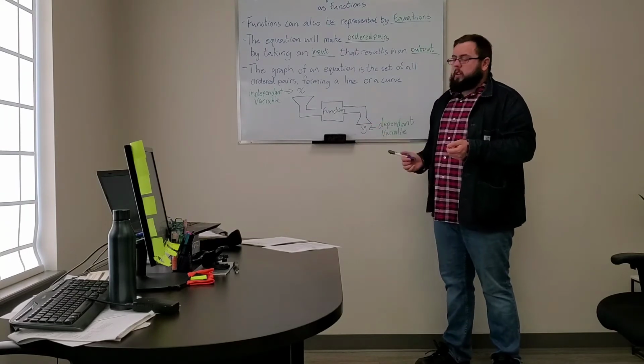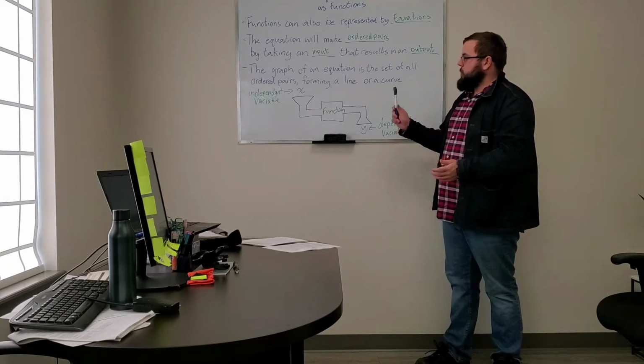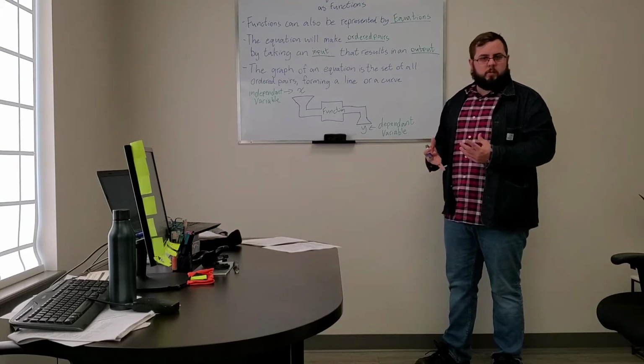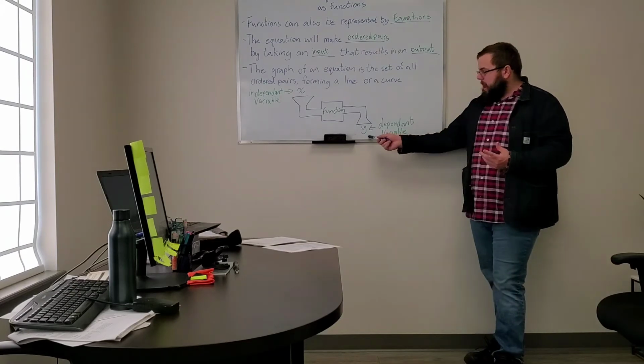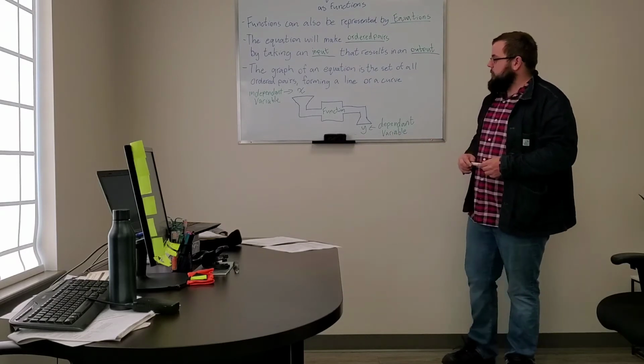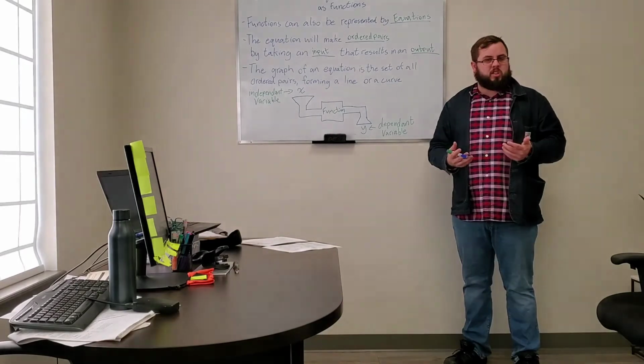The function is like the machine that will change it and do something to it. So we put in our number or our value. The function will mess around with it, change something inside, and spit out this y value. And this is our dependent variable. Another good illustration of this is Dr. Seuss's The Sneetches.